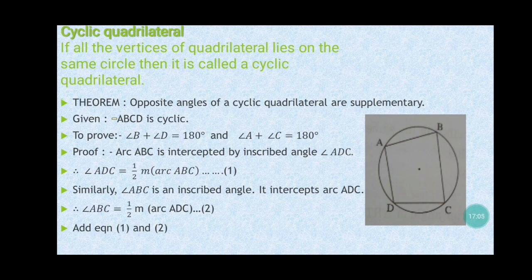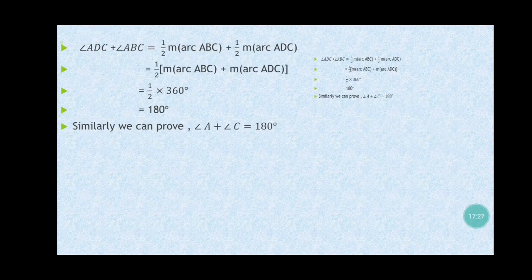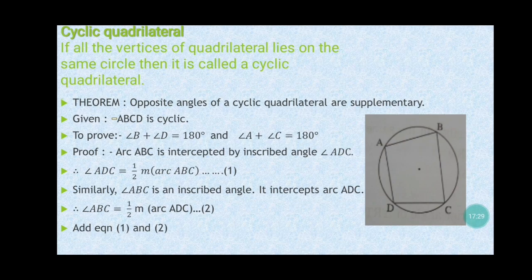Angle D and angle B are opposite angles. The statement says that they are supplementary. Supplementary means the sum of the measures of the two angles is equal to 180 degrees. Right. So angle A plus angle C is equal to 180 degrees. Angle D plus angle B is equal to 180 degrees.